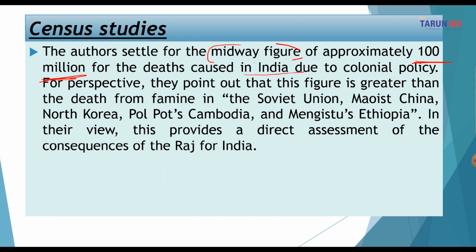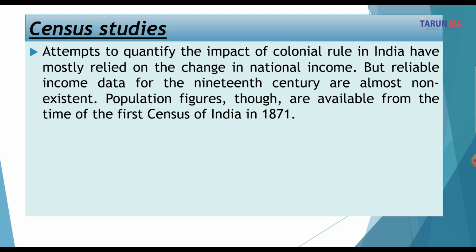They pointed out that this figure is greater than the deaths which occurred from famine in the Soviet Union, in Maoist China, in North Korea, in Pol Pot's Cambodia. These are all countries where there was dictatorship. So, it provides a direct assessment of the consequences of the British Raj for India.